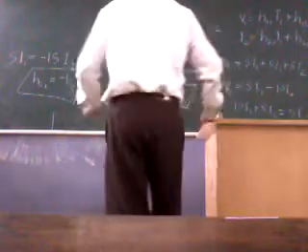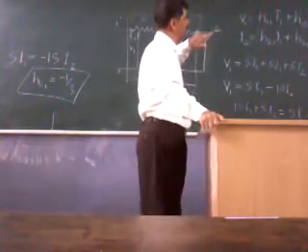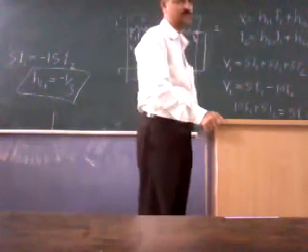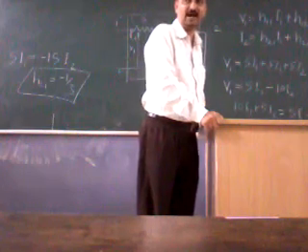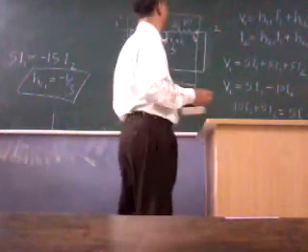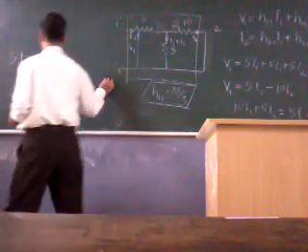Now, the other parameters, which are found by using I1 equal to 0. So how can we find these two parameters?